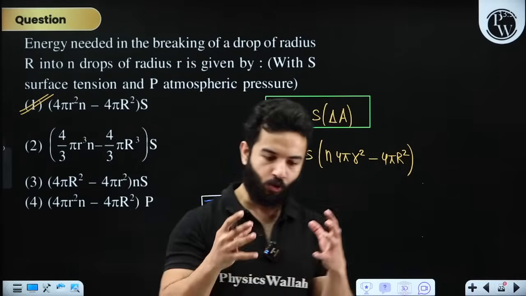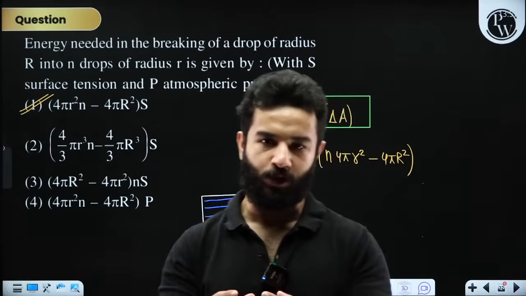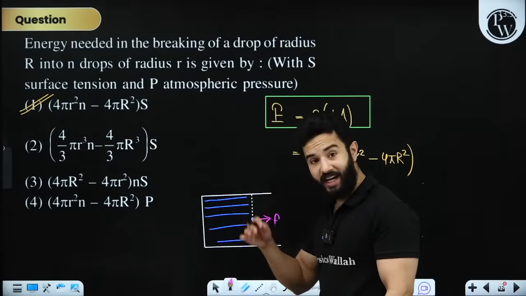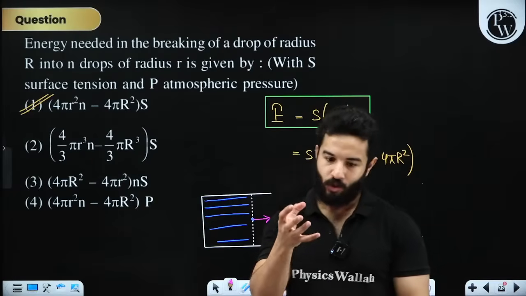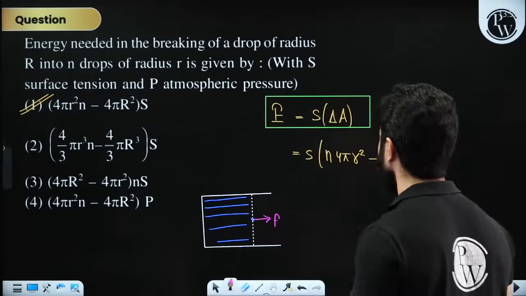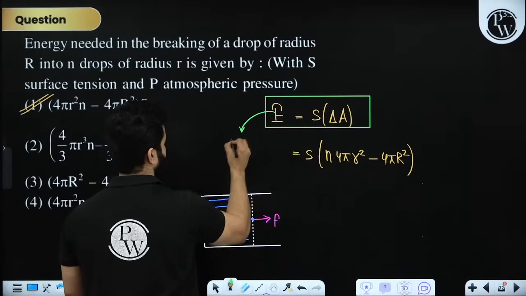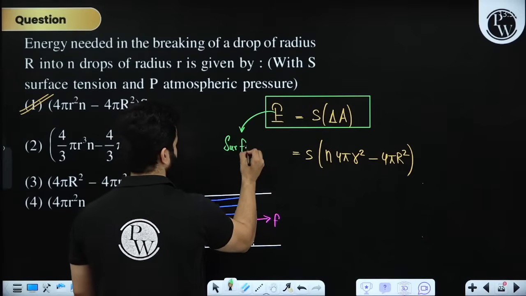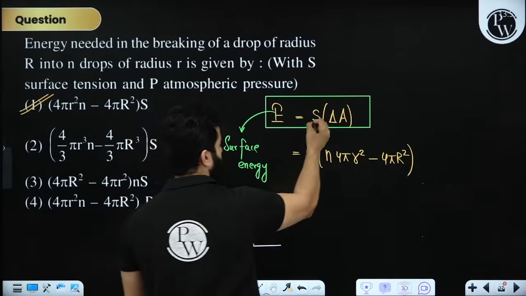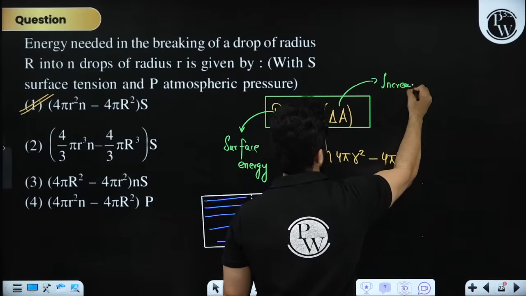Surface tension wants to keep the surface area of any liquid as minimum as possible. So if you are increasing the surface area, you will have to do work against surface tension. That work will get stored in the form of surface energy. And the formula for surface energy is surface tension times increase in area. Got it? Increase in area.